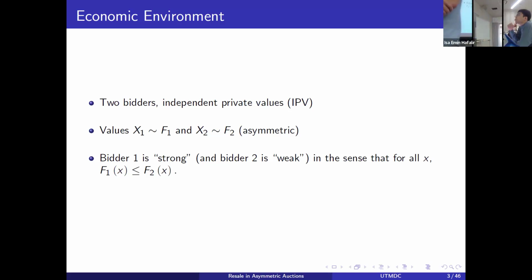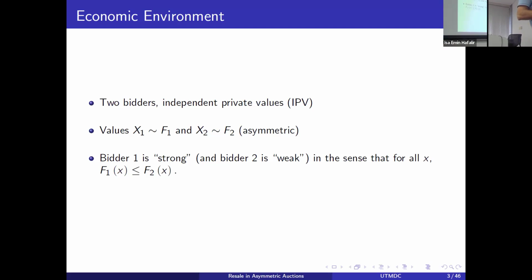So we consider two bidders, and they still have independent private values, but not identically distributed. They are independent of each other, but their private values can come from different distributions. Typically there will be a strong bidder and a weak bidder, but in the first paper we don't have to assume strong and weak, or first order stochastic dominance. But for the presentation, I'm going to mostly focus on the case of strong and weak.